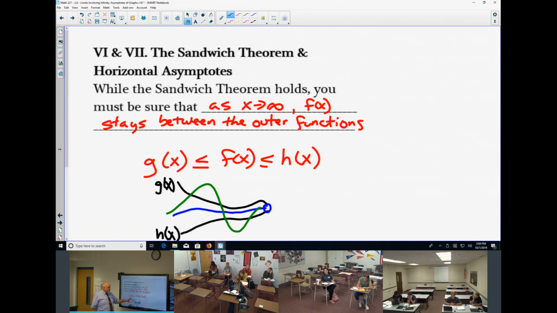But see how the green function goes outside the boundaries? If it goes outside the boundaries, you cannot use the sandwich theorem to state that limit. Okay? So you've got to be a little careful to make sure that your function stays inside the boundary functions. Okay?